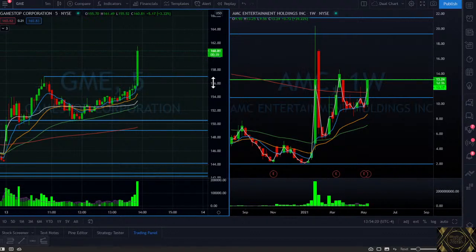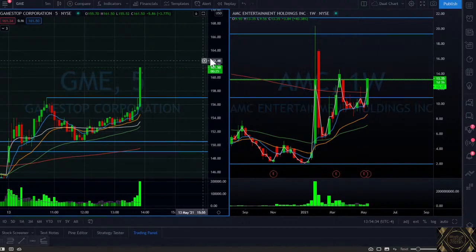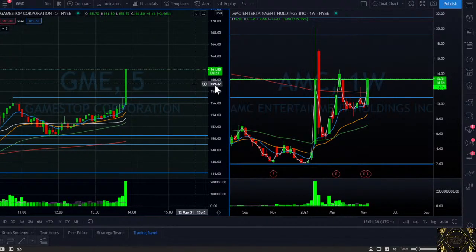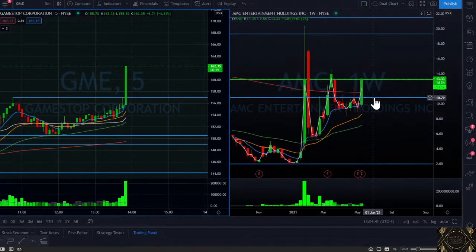There's $110 per contract. This is pretty amazing. I love this thing. We are up $120 right now per contract. Look at this. Just look at this. This is GME going to the moon. You got AMC going up as well. I got filled at $2. There's a $150 gain per contract on GME. 170.